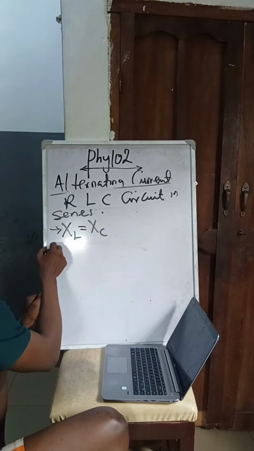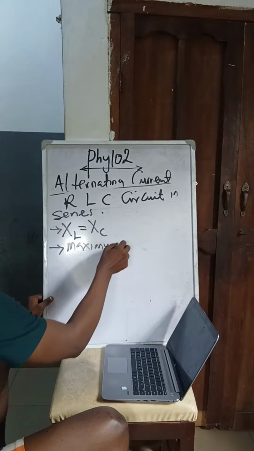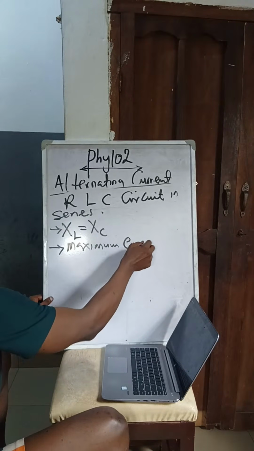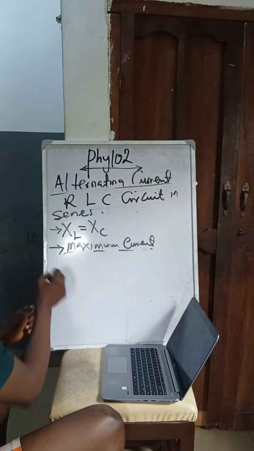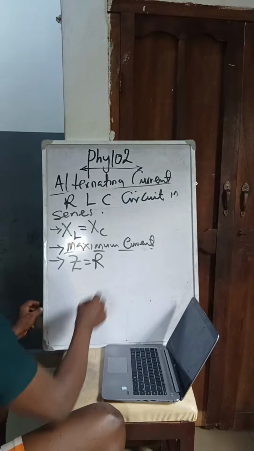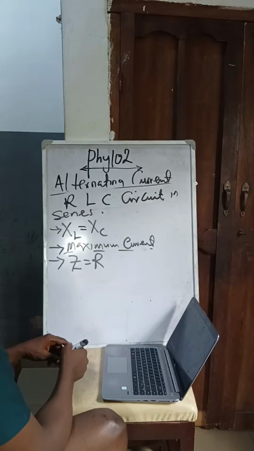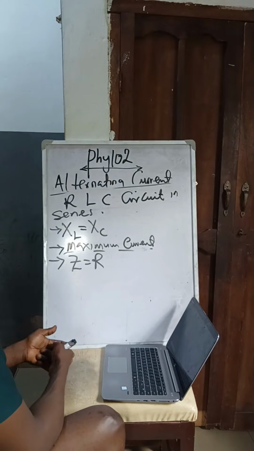At resonance, maximum current occurs. At resonance, impedance is equal to resistance. So at resonance, a lot of things happen.